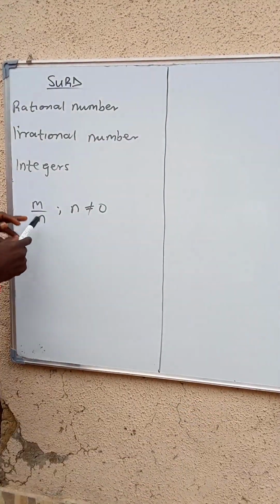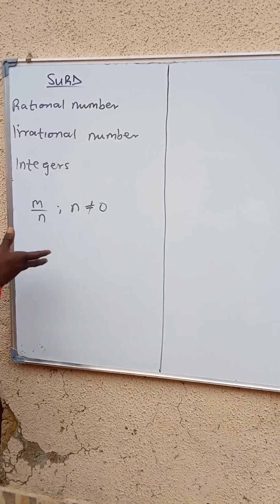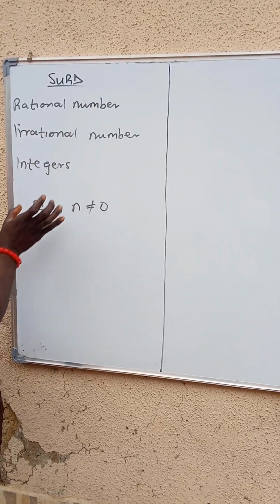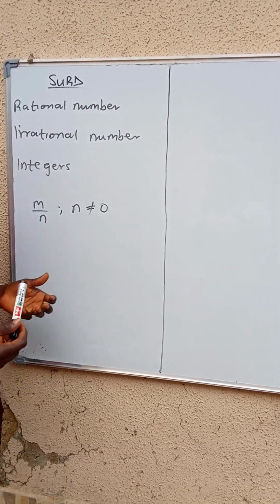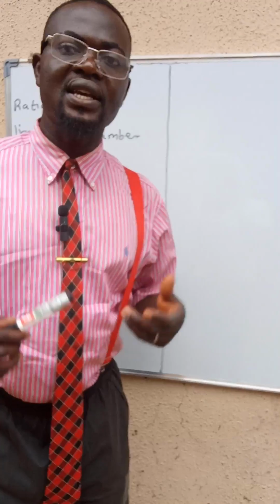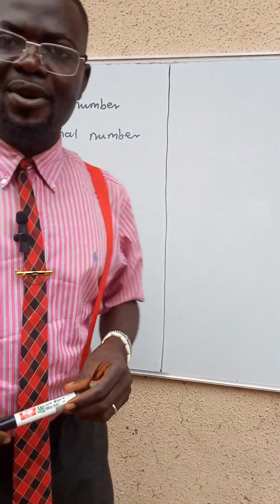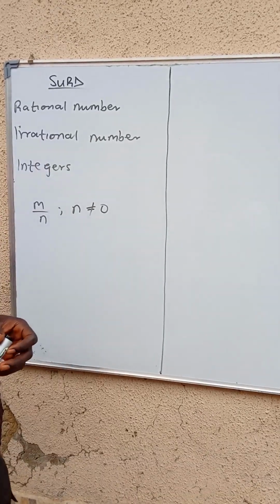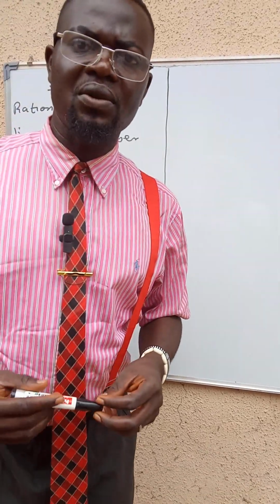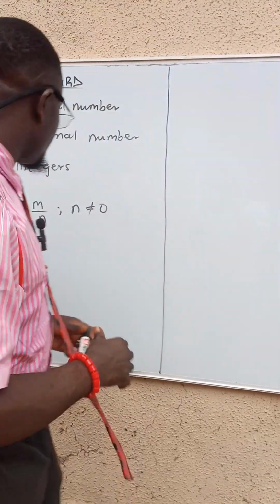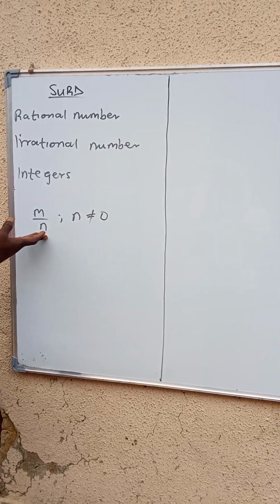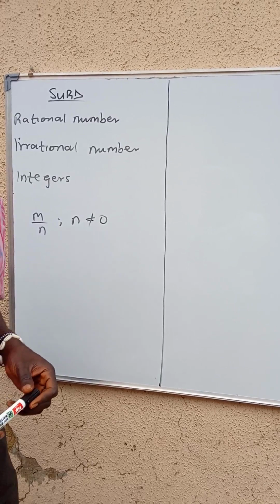So if you see a number, real numbers, integers, which if you put in fraction can be expressed, that is what? A rational number. Then irrational numbers are numbers that cannot be expressed in the form of this m over n, or fraction or ratio.